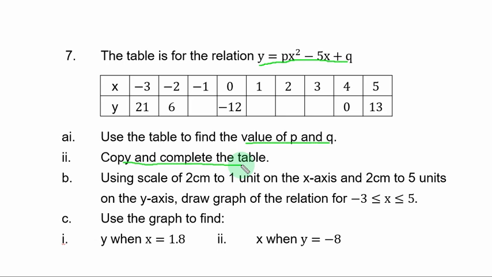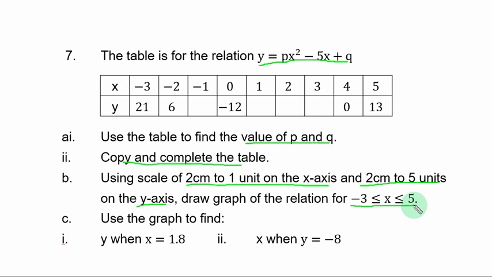B part of the question, using a scale of 2 cm to 1 unit on the x-axis and 2 cm to 5 units on the y-axis. Draw the graph of the relation for minus 3 less than or equal to s less than or equal to 5.